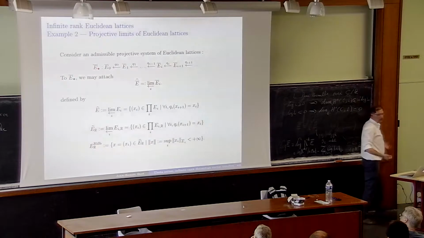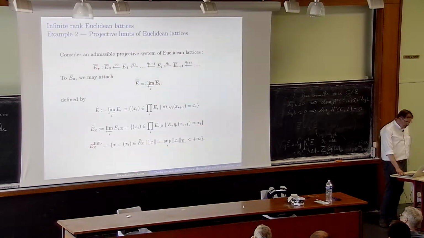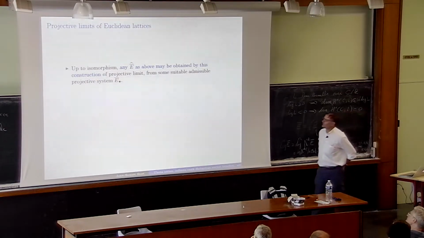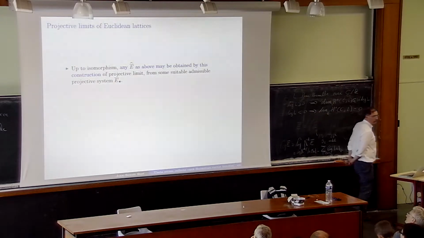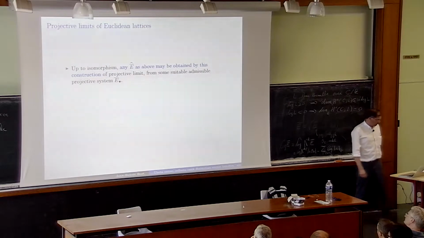So this is a typical example of our gadget. And actually, it's very easy to check that this is not only an example, but any infinite rank Euclidean lattice as defined initially may be realized in this way. It's very easy.